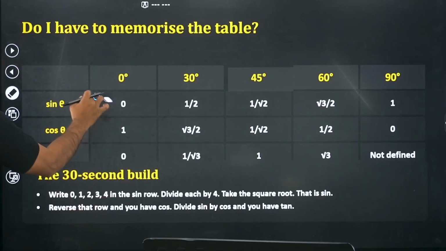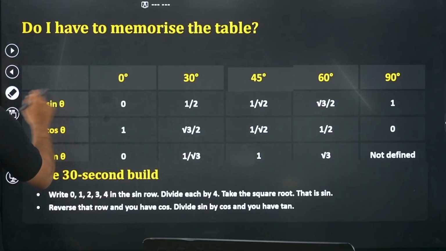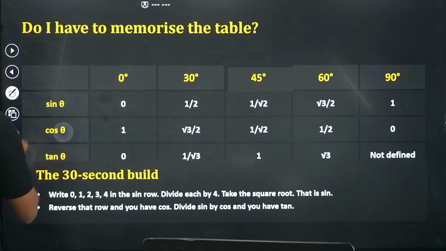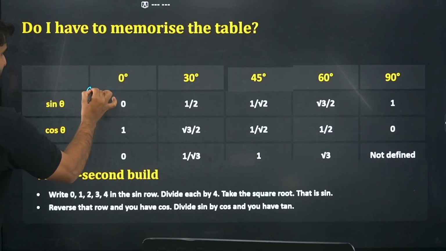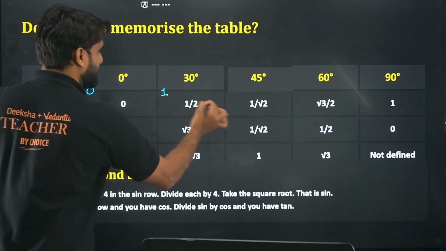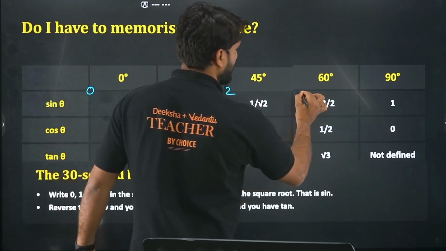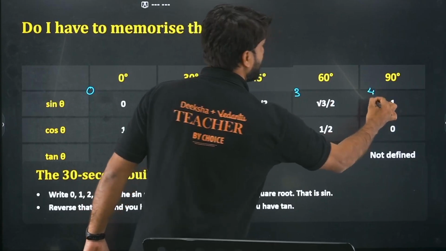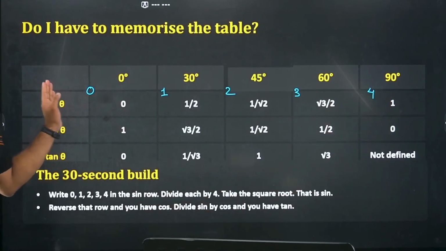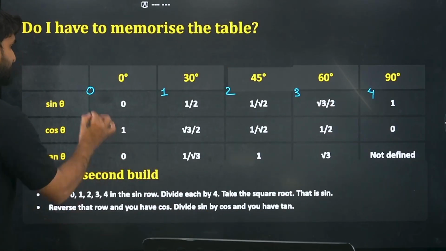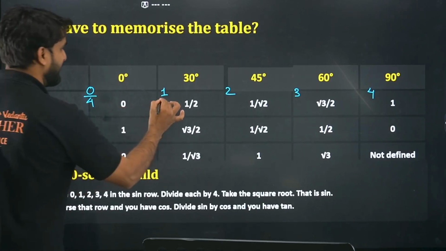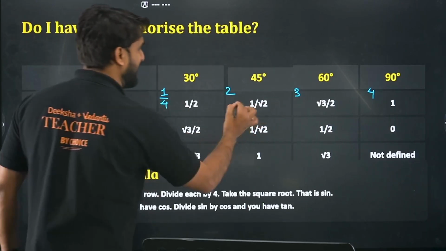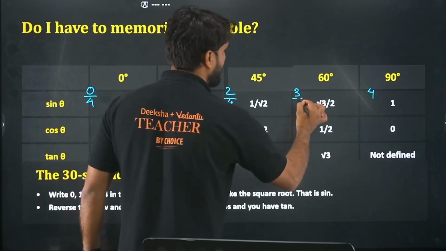Okay, so here write the counting 0, 1, 2, 3, and here is 4. Now divide all the numbers by 4. First write the counting till 4 and now divide by 4.